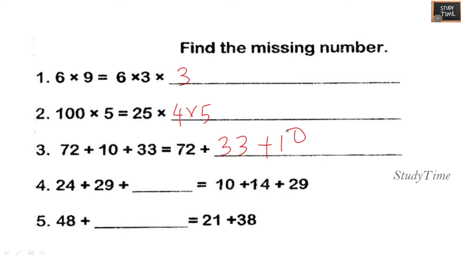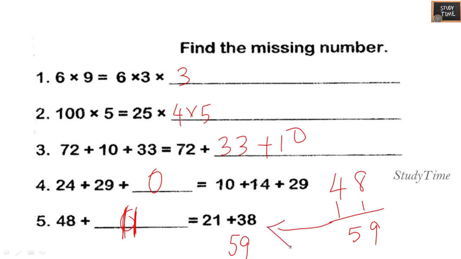So 24 plus 29 is given. So here the answer is 0, because when nothing is added, you will get equal on both sides. 48 plus 0. Sorry, here it is 48, here it is 59. So here the answer would be 11, because 48 plus 11 gives 59. Which means you will get both the sides equal.